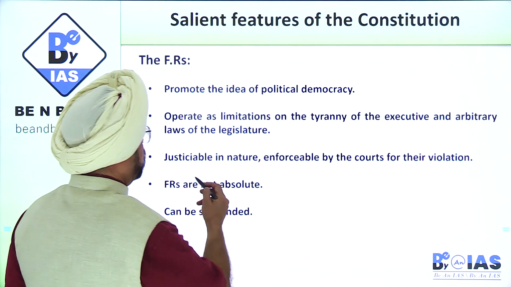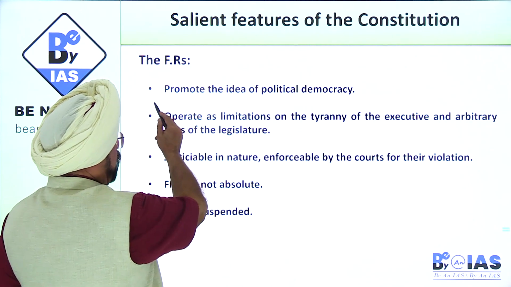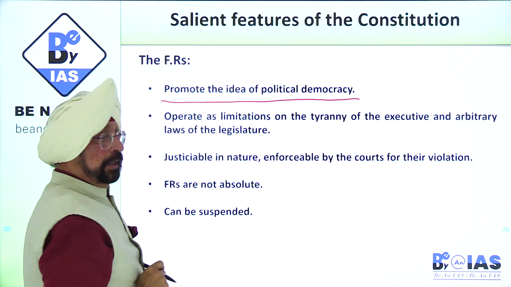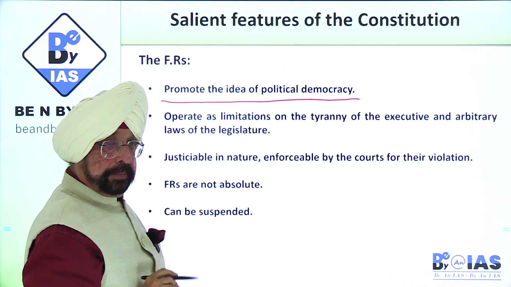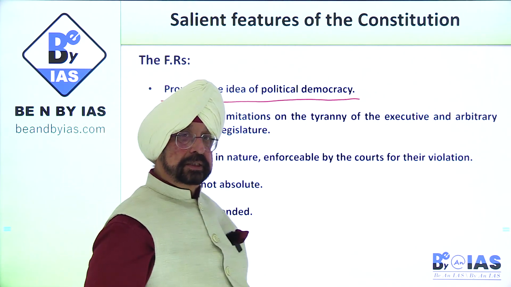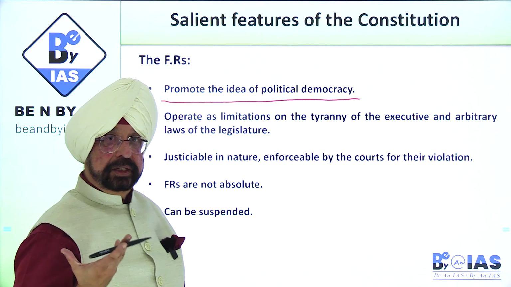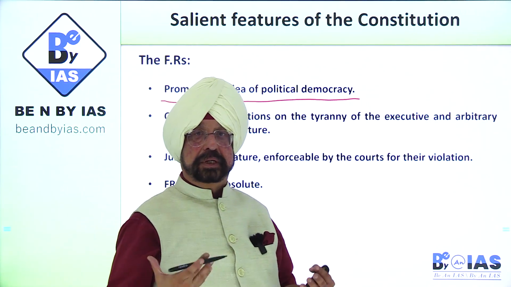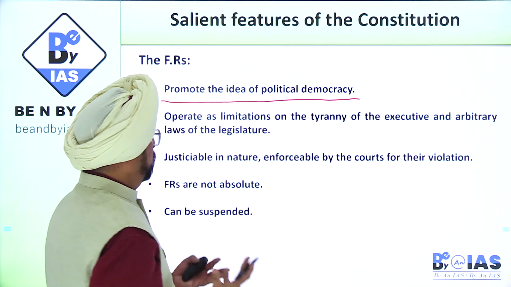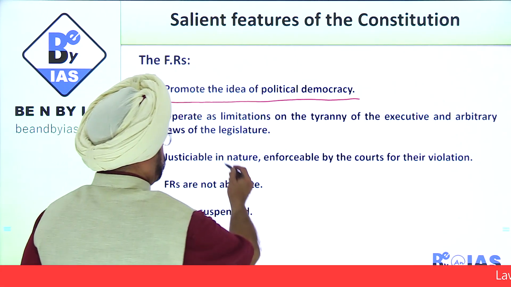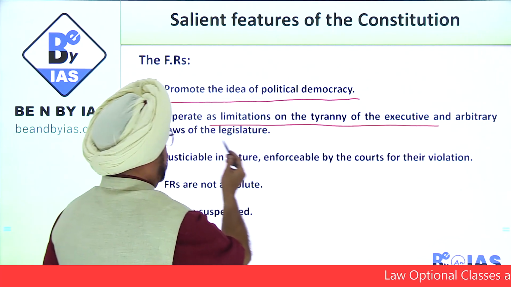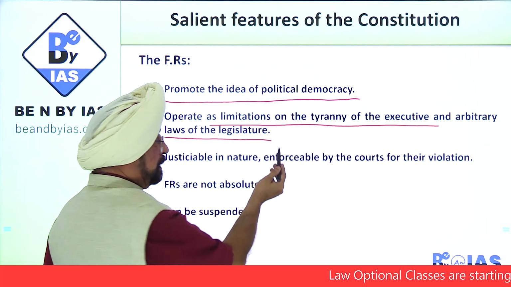Now, the fundamental rights promote the idea of political democracy. That means, as we have already discussed, democracy means the rule of the people. So, the people have to be given certain fundamental rights, the basic rights. They operate as limitations on the tyranny of the executive and the arbitrary laws of the legislature.